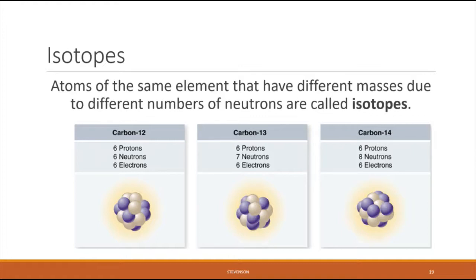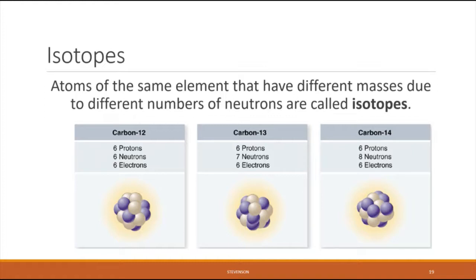The periodic table is based around different numbers of protons, so that can never change. Carbon will always have 6 protons, no matter what, because that's what makes it carbon. However, it can have more or less than 6 neutrons. Neutrons are the other component of the element that makes up its mass.